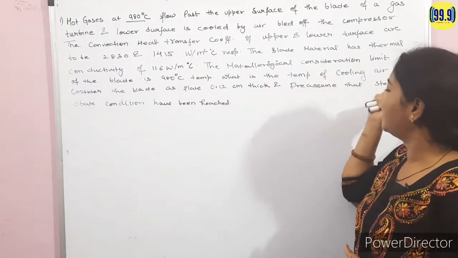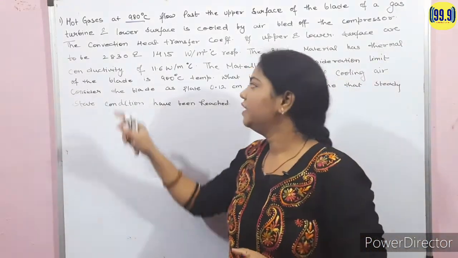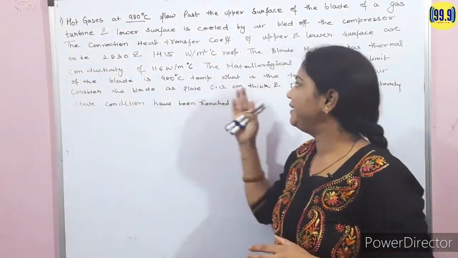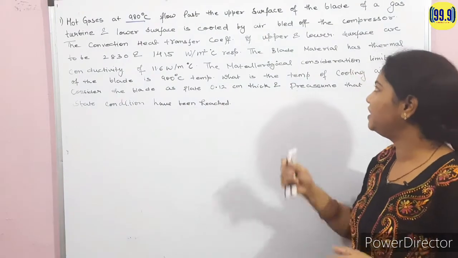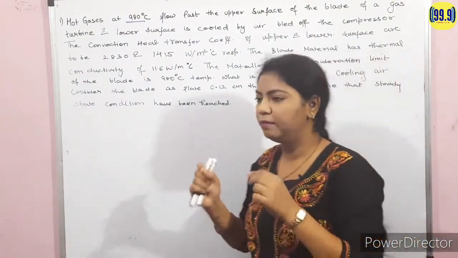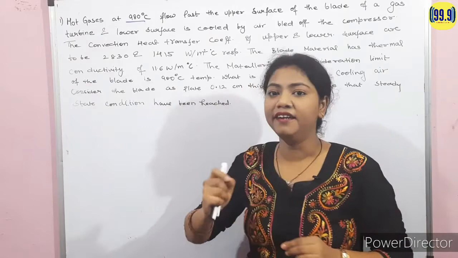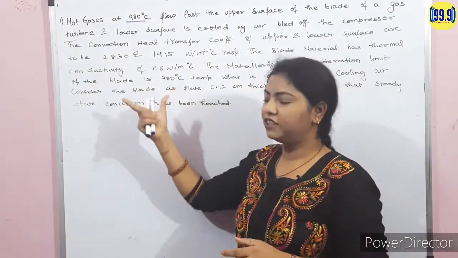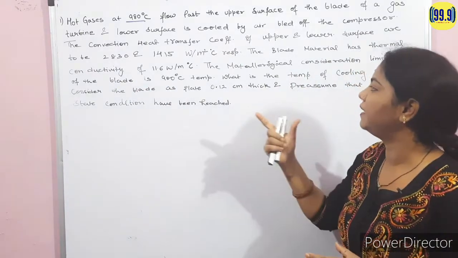The blade material has a thermal conductivity of 11.6 watt per meter degree Celsius. The metallurgical limit of the blade is a temperature of 900 degrees Celsius. This is the maximum temperature limit of the turbine blade.